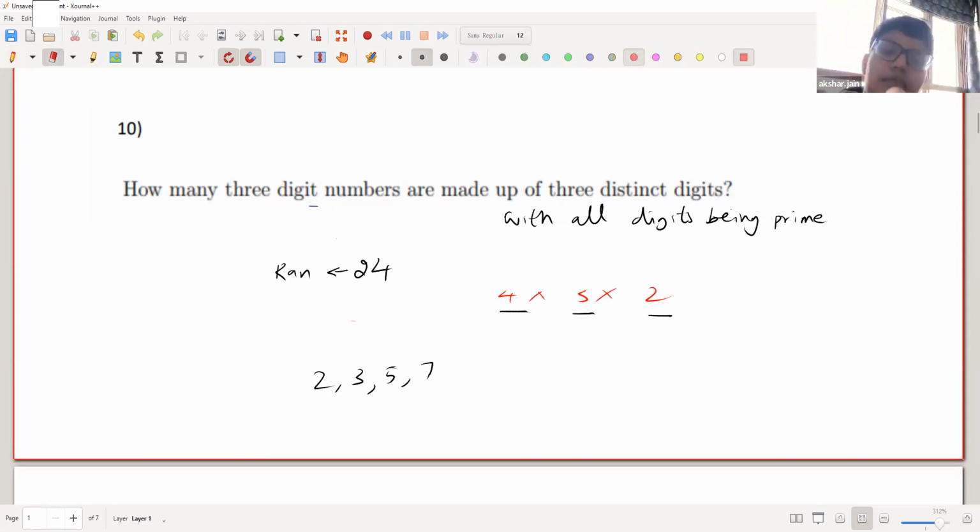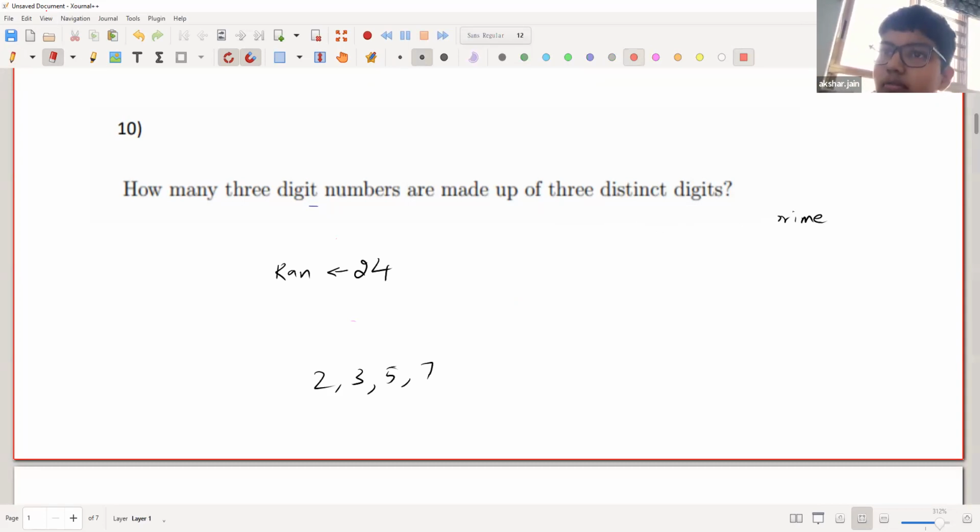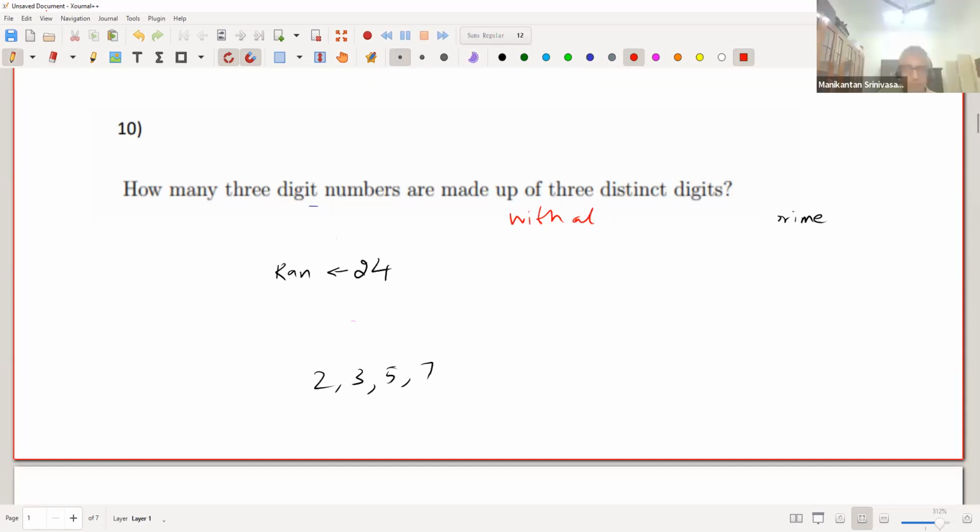Next one. With at least 1 digit being prime. So again, 3-digit numbers with at least 1 digit prime. So there must be at least 1 prime digit. For example, I won't accept an answer which is 869 because all the 3 digits are non-prime.